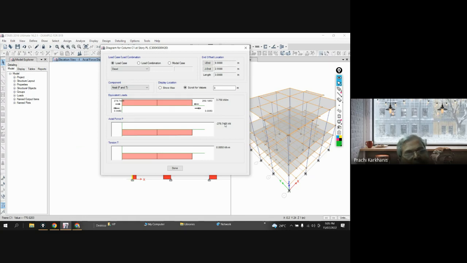That means there is a difference, but that difference is due to the self weight of this. Clear? So you can check the dimension and you can find out the weight based on density, your cross section and length, and you will see that it is exactly matching. Clear?